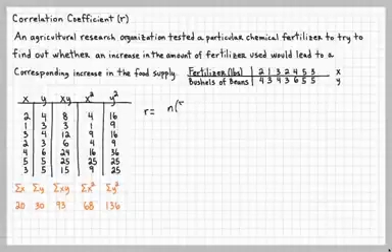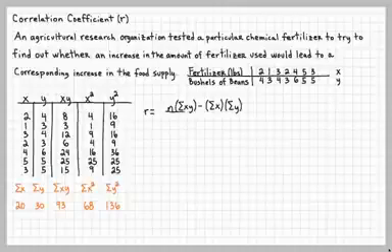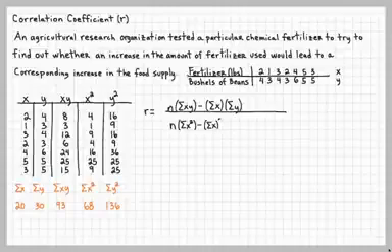Okay, now let's write down the formula for r, the correlation coefficient. r is n times the sum of X times Y, take away the sum of X times the sum of Y. All that, we're going to divide. And the denominator will be n times the sum of X squared, take away the sum of X, and when you have the sum of X, then square it.